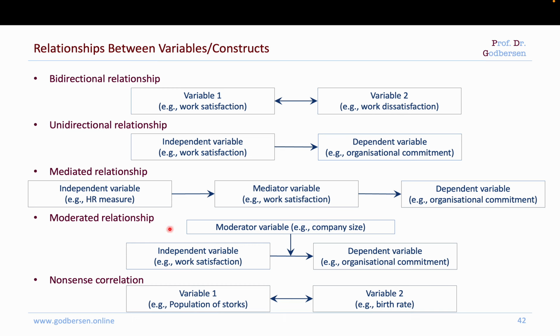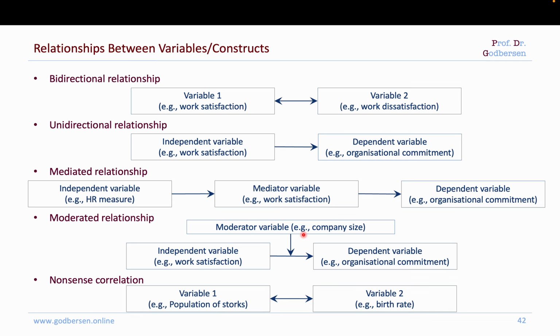There might also be a moderated relationship. Again, we have an independent variable like work satisfaction, which has an effect on a dependent variable like organizational commitment. And there might be a variable, for instance, company size, that moderates this effect.